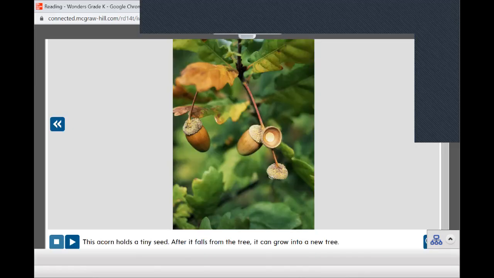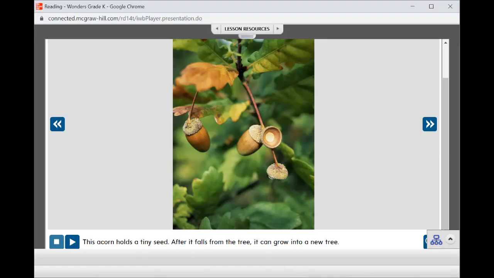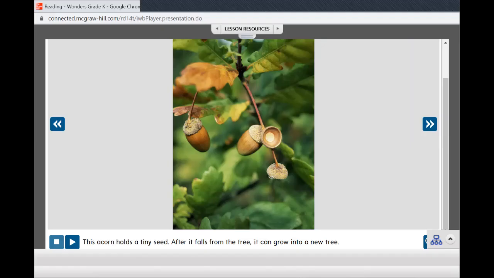All right, let's look at these pictures about trees. So this picture is showing an acorn. So an acorn holds a tiny seed, and after it falls from the tree, it can grow into a new tree.